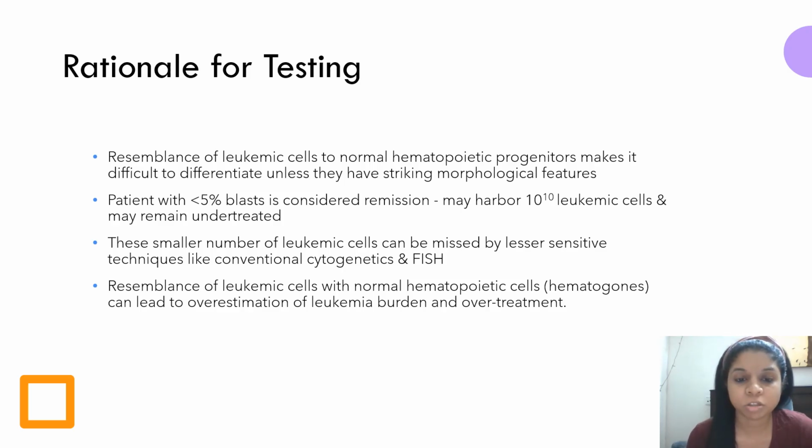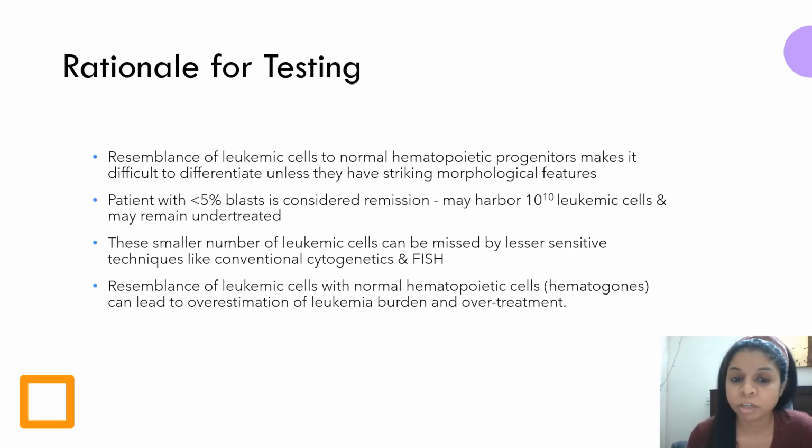So for MRD detection, you use more sensitive techniques. Then there is resemblance of the leukemic cells with normal hematopoietic cells, for example hematogones. Hematogones are regenerating lymphocytes, and they can also be seen in children. Why it is seen in children, you people go and see.